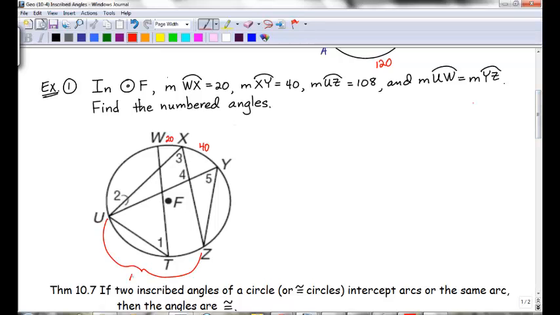That whole thing is 108. The measures of arc UW and YZ are equal, so mark those as congruent. Find the numbered angles. So we've got to find all the angles.